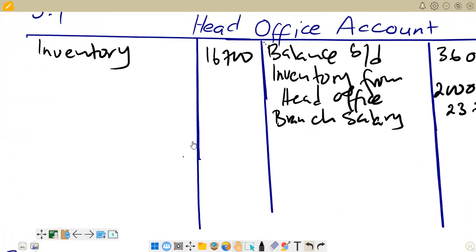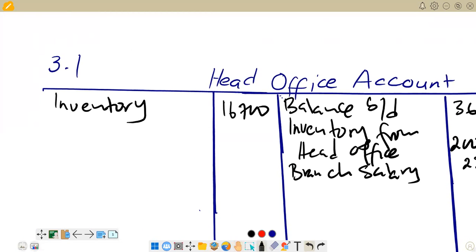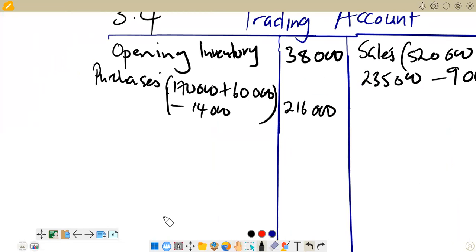Since it's the one receiving the money, we are debiting there. The money is coming from the branch bank, 210,000.